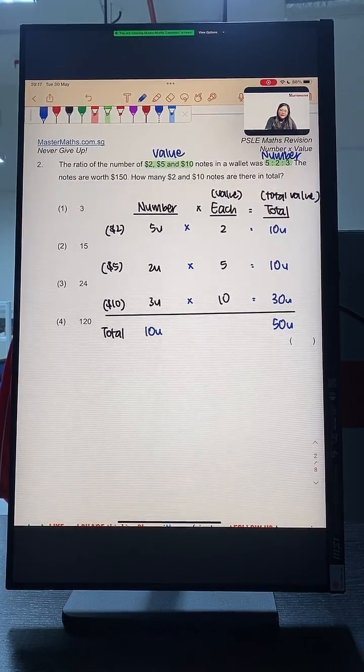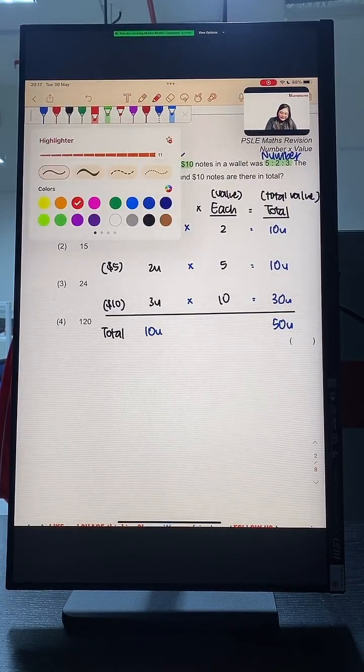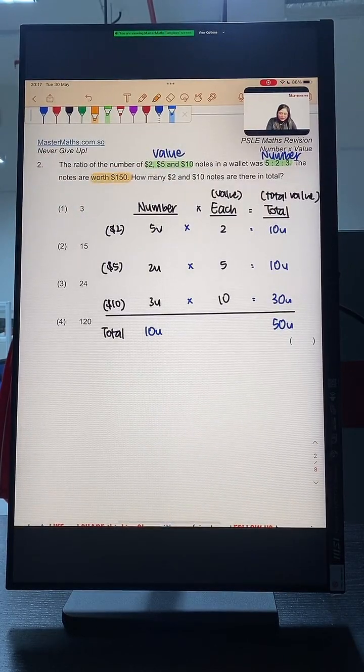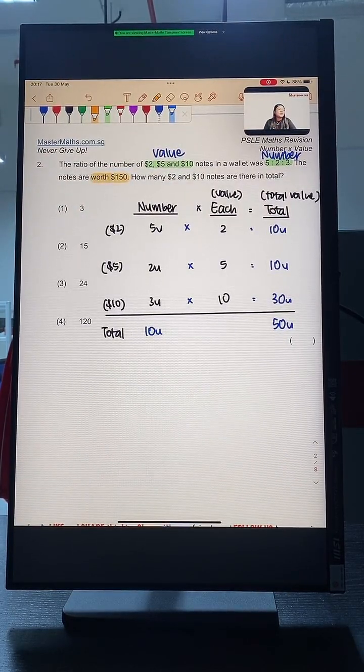Next, let me change this to orange. The question told us that the notes are worth $150. So the total value here is going to be $150. Do we understand so far?